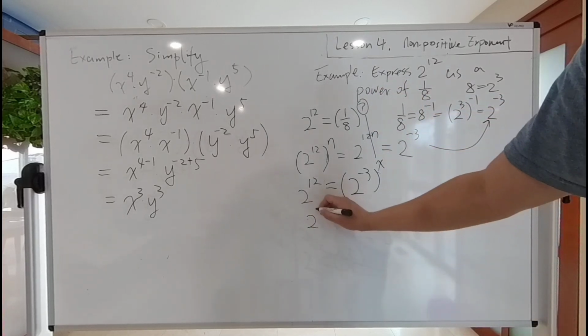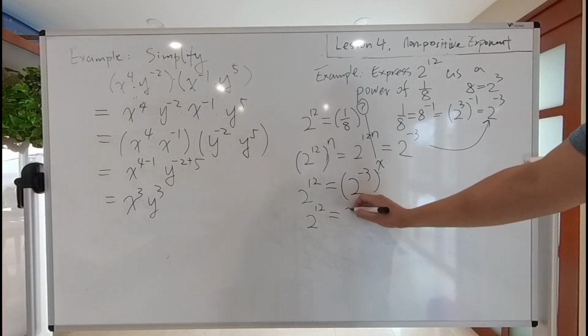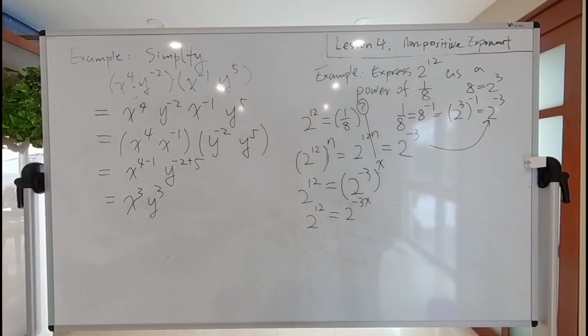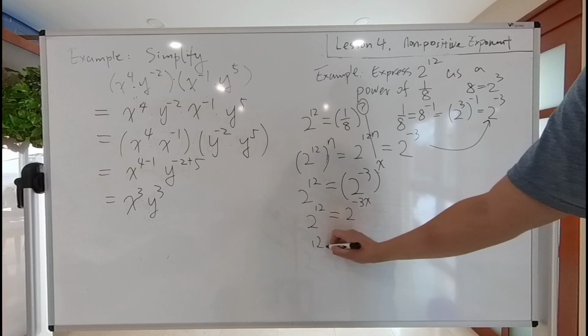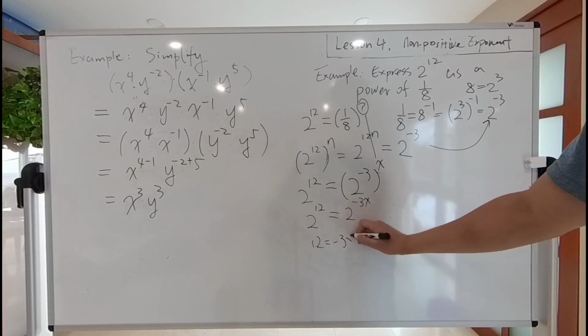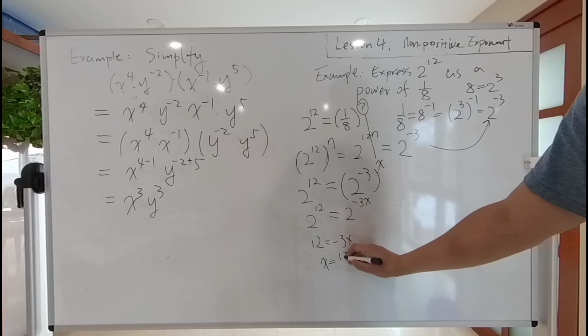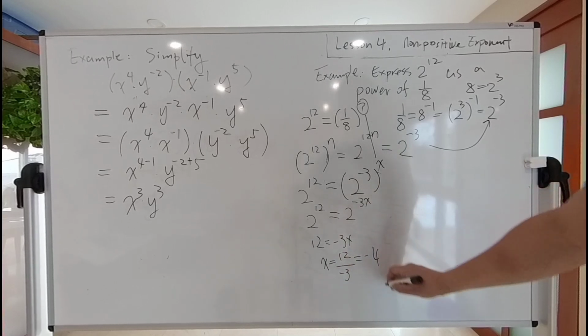Then I have 2 to the power of 12 equals 2 to the power of negative 3x. Which means I want 12 equal to negative 3x, and I can solve for x from here. x is 12 divided by minus 3, which is minus 4.